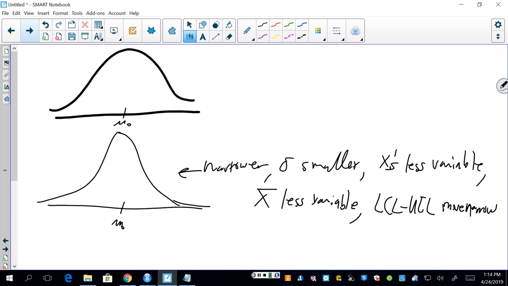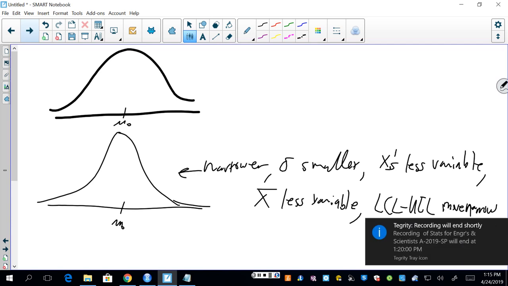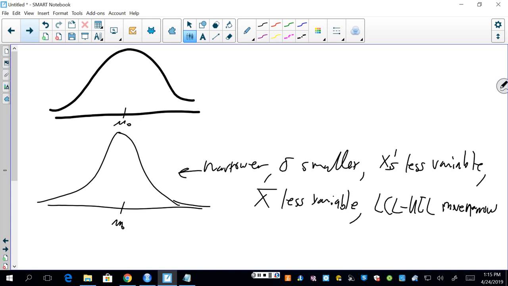You still set the decision rule that alpha is 0.002, right? So that you have a very small chance of making an error and declaring things out of control, which is really true. Right?